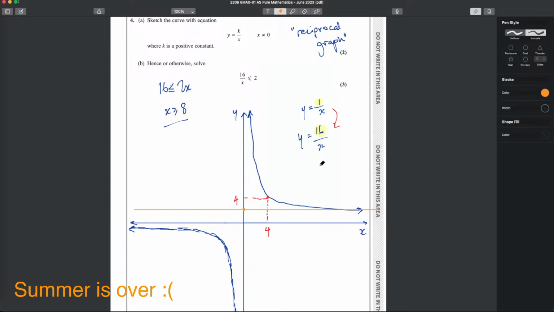Asymptotes. Do you know what an asymptote is? An asymptote is a line that the graph approaches but never actually touches. So for this reciprocal graph, k over x, the y-axis is an asymptote because the graph approaches the y-axis but never actually touches it.